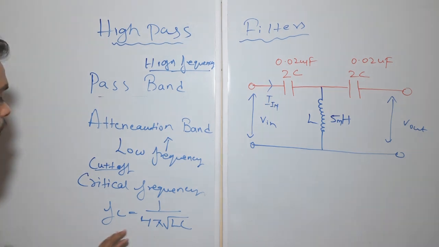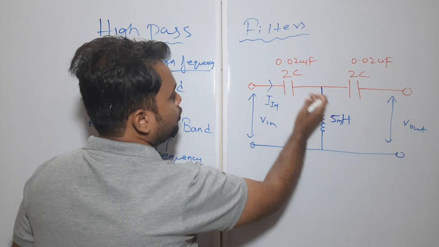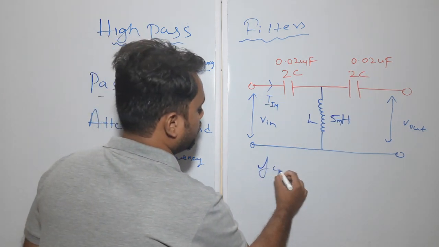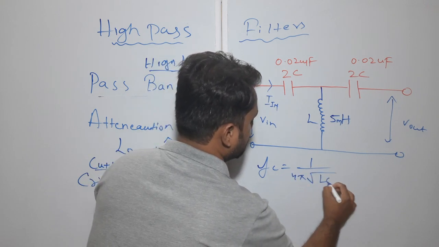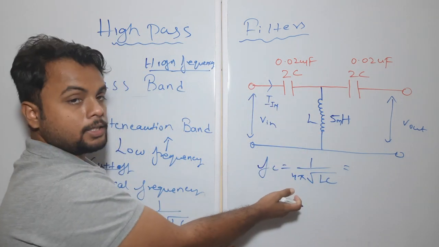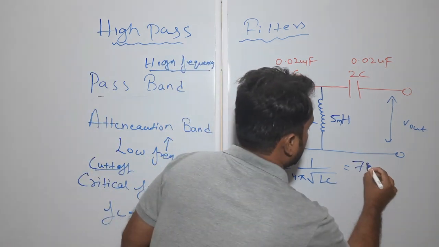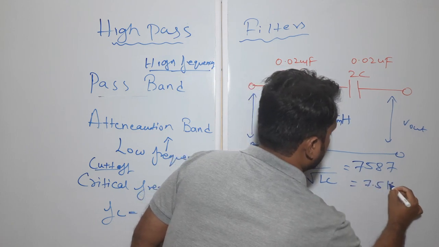So now let's calculate the value of Fc. As you can see, the L and C values are given here. If I put the values of L and C in Fc = 1 / (4π√LC), the cutoff frequency that I will get is 7587, that is around 7.5 kilohertz.